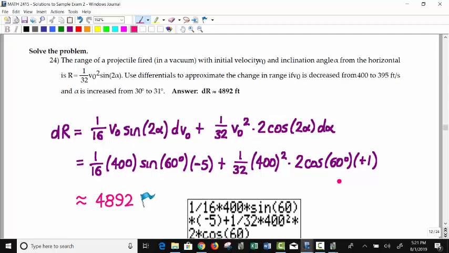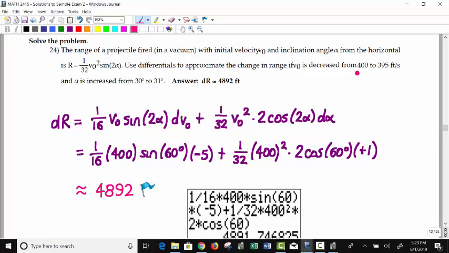So let's look at the values. Our starting point is 400 for V0, and 30 for alpha. So that's what we'll put in for values.